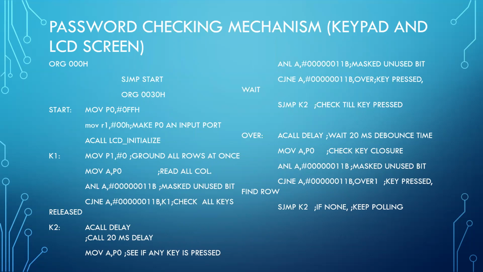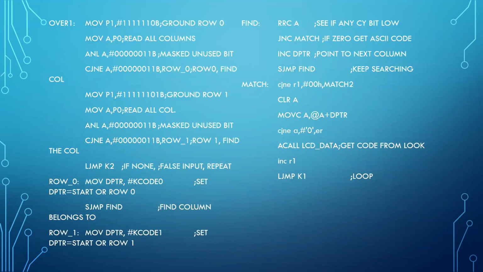One more thing, instead of using a 4x4 keyboard, we are using a 2x2 keyboard. That is, we have interfaced the 4x4 keyboard in such a way that we will be able to use only a 2x2 keypad. And moving ahead, this is the code implementation of LCD and keypad interfacing.